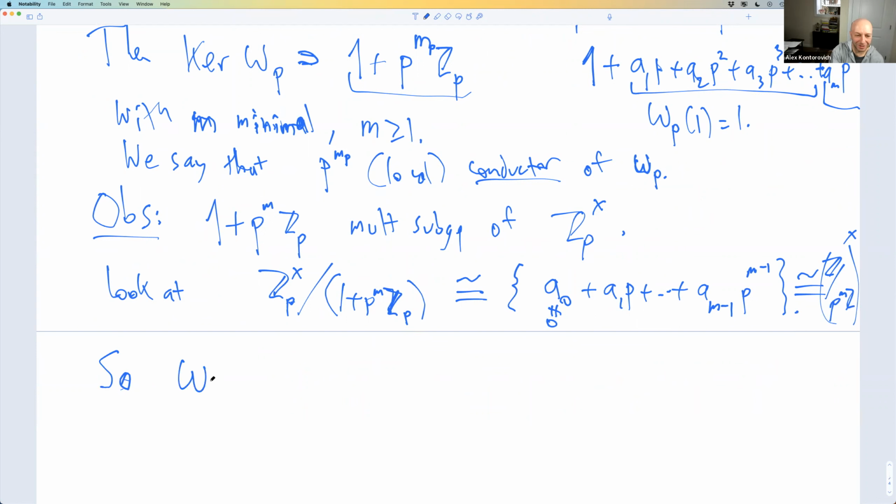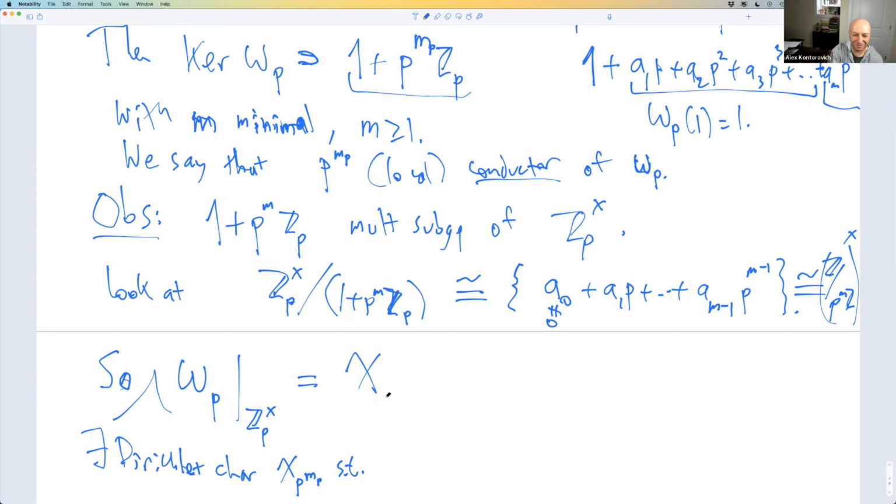Whatever omega p is doing, omega p restricted to Zp cross is just, so there exists a Dirichlet character, let's call this chi sub p to the m_p, where the m depends on p, of course, such that when you restrict omega p to this, it's just chi of p to the m_p.